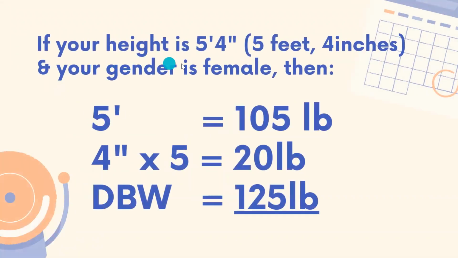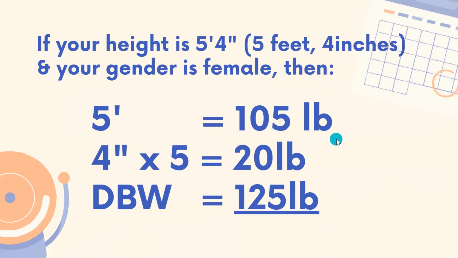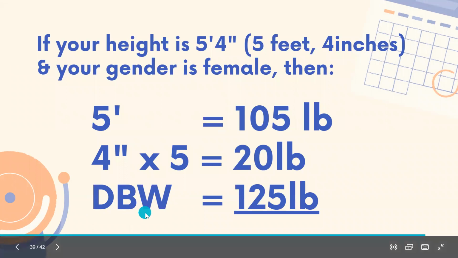So if your height is 5'4" or 5 feet and 4 inches and your gender is female, then 5 feet is equal to 105 pounds. 4 inches times 5 means 20 pounds. So the desirable body weight is, you add up that one, 125 pounds. Okay?